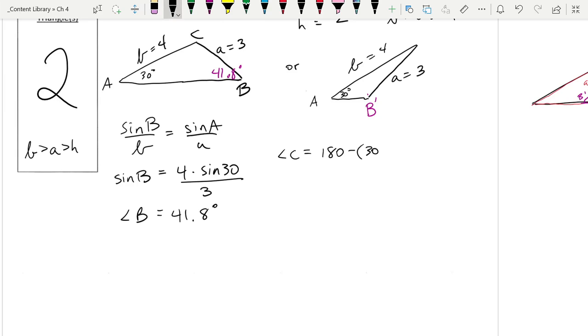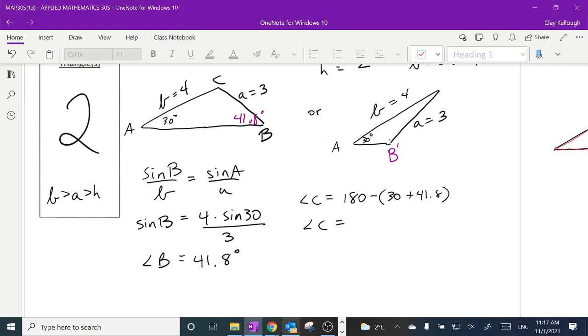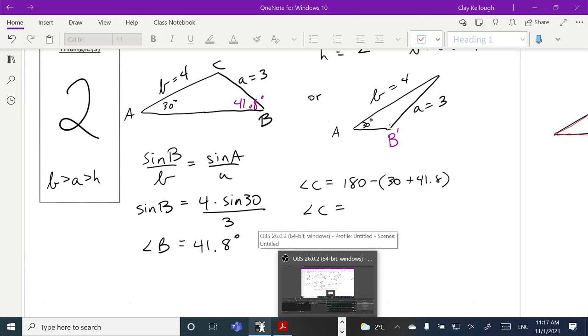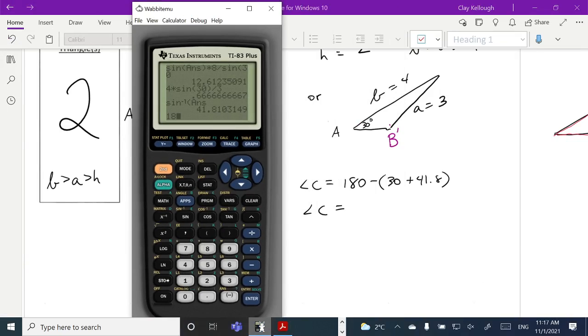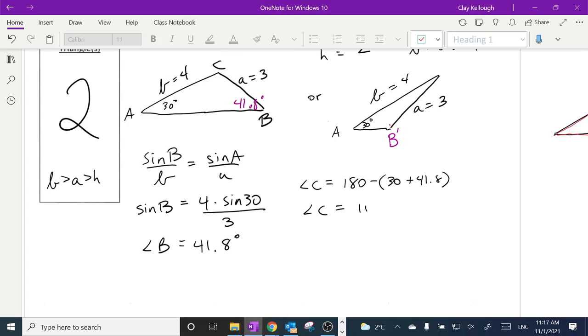Add the 30 that I started with to the 41.8 that I just figured out. And again, I'm going to use my calculator for that so that I have all of the lovely decimals. So 180 minus, open a bracket, 30 plus my last answer, which was 41.8. And so that's 108.2.